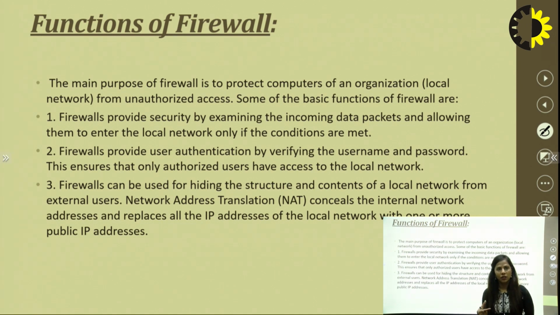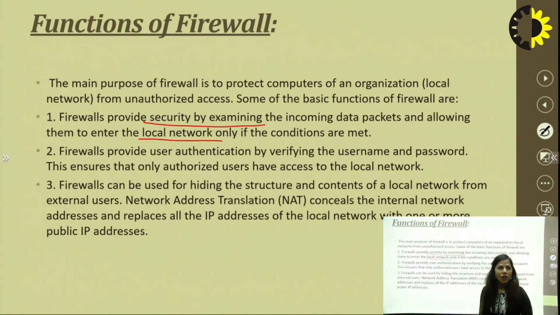These are all the categories on which the firewall works. In the local network, it provides accessibility to particular users only, and it examines which data packets are coming in.